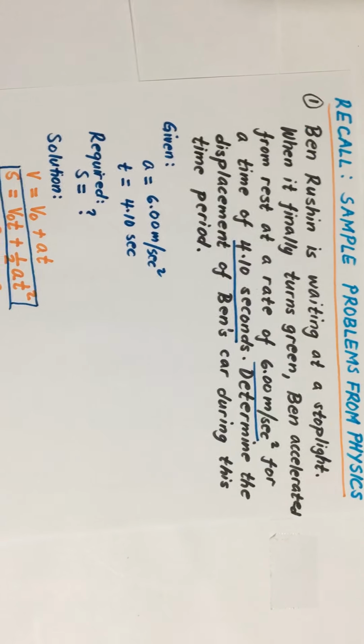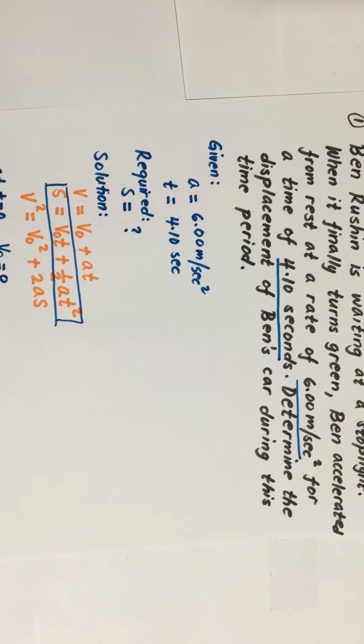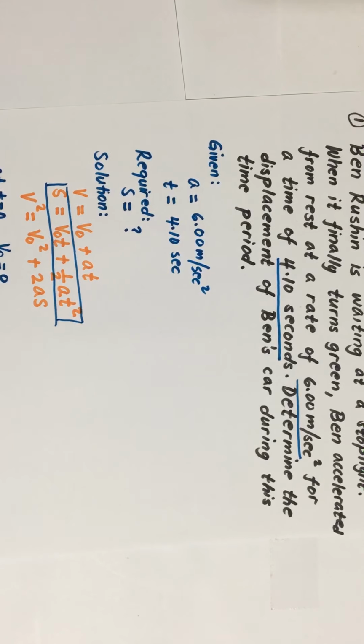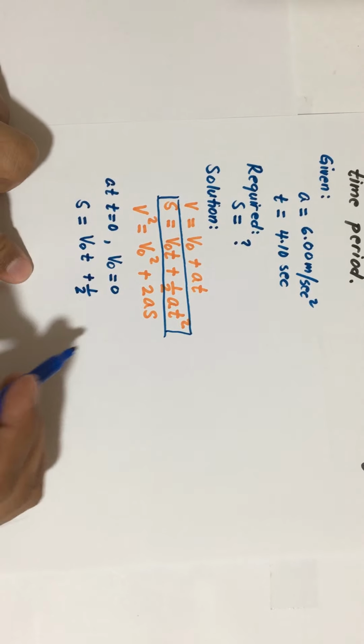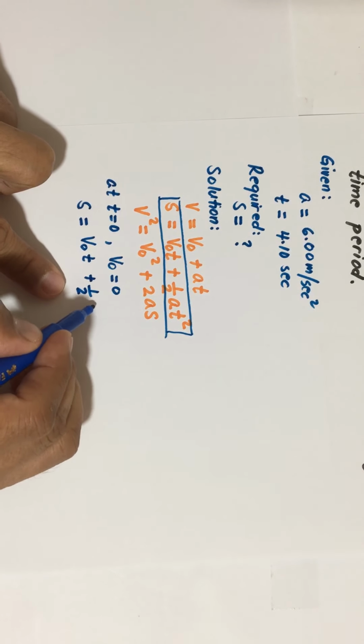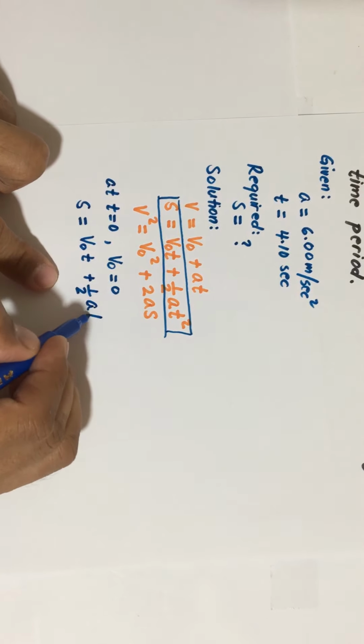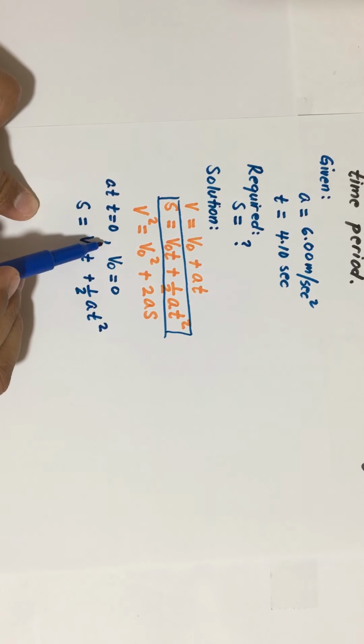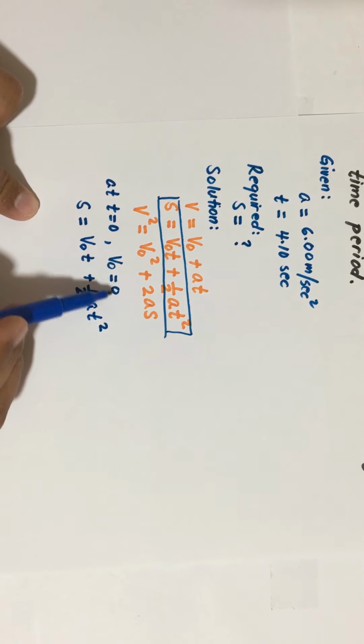So S, which is the displacement, is equal to V sub 0 times t plus 1/2 times acceleration times the square of the time. And we know that at t equal to 0, V sub 0 is equal to 0.